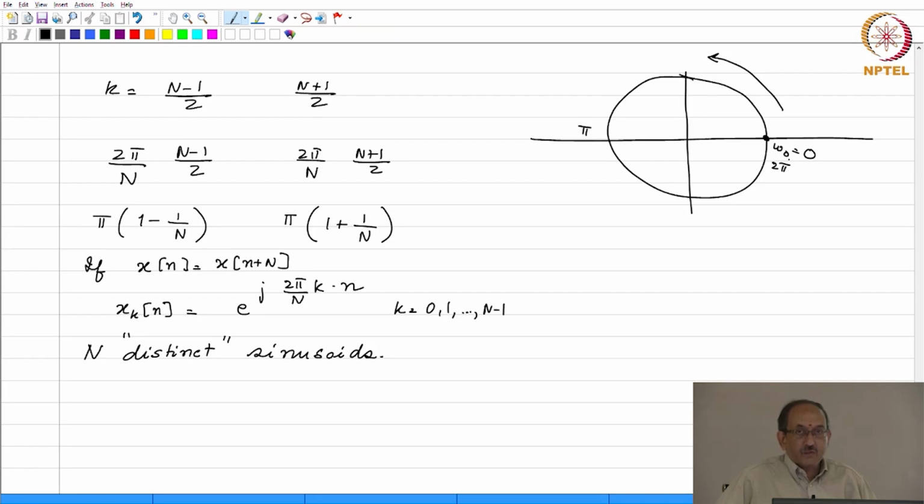So, as omega naught varies continuously from 0 to 2 pi, you produce uncountably infinite different sinusoids. In this range, among these uncountably infinite number of sinusoids, there is one finite set of sinusoids, namely e to the j 2 pi k by cap N times little n. Among this uncountably infinite set of sinusoids, this set is the only one that is periodic with period cap N, all right.